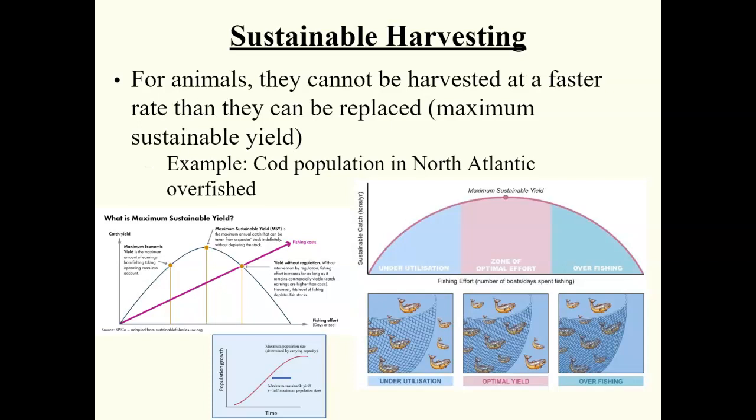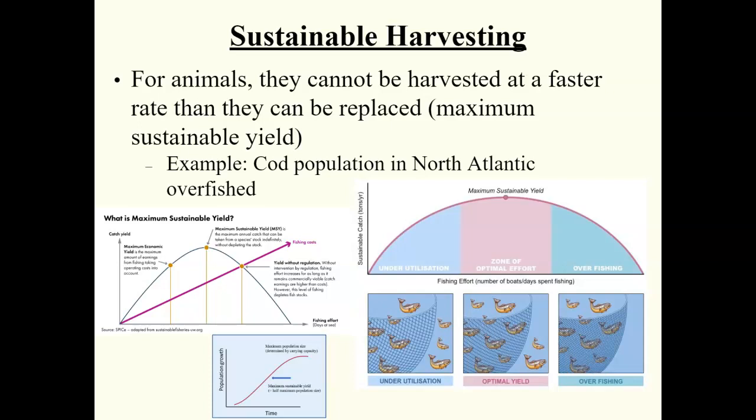The example in the IB curriculum is the cod population in the North Atlantic Ocean has been overfished. And so there's not enough fish anymore. This is causing us to fish down the food chain, which means now we're catching smaller and smaller fish. And this is even further limiting the cod population.